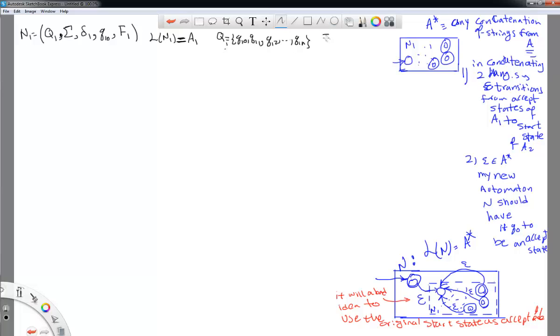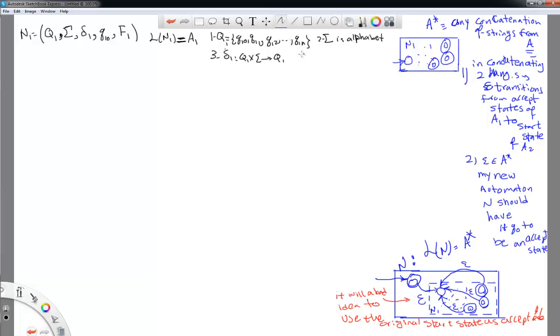Sigma is going to be my alphabet. So I'm formally defining this thing. And delta sub 1 is basically from set Q sub 1 and alphabet over to Q sub 1.